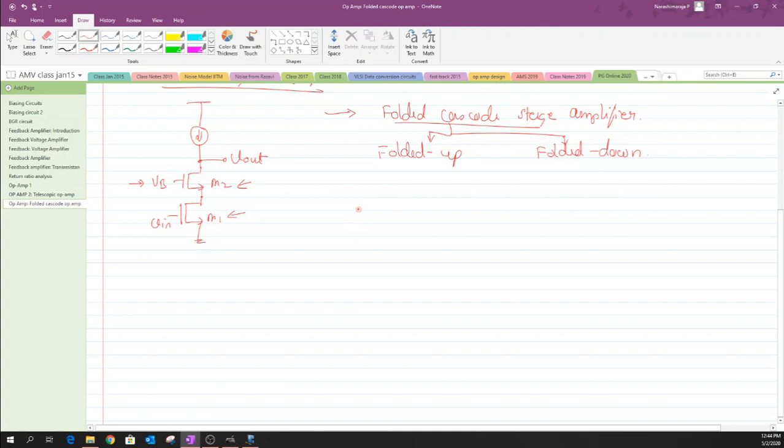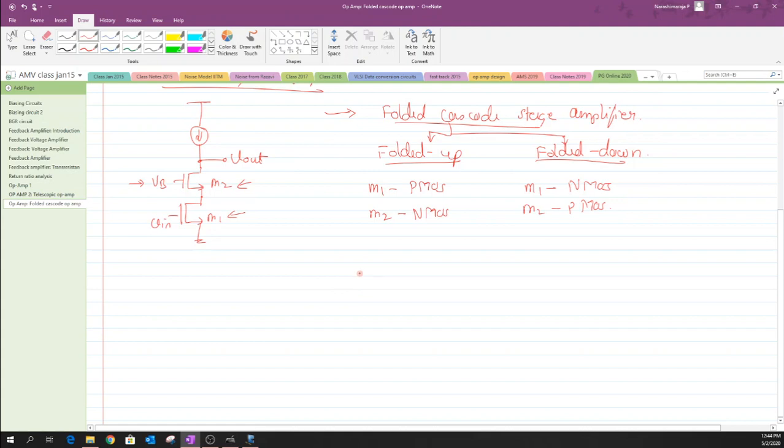In the case of the folded up cascode configuration, we had M1 realized using a PMOS, whereas M2, which is the cascode device, was realized using an NMOS structure. Similarly, we had a folded down where M1 was realized using an NMOS, whereas M2 was realized using a PMOS structure.